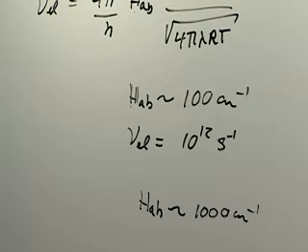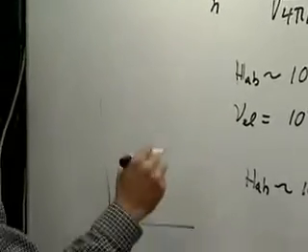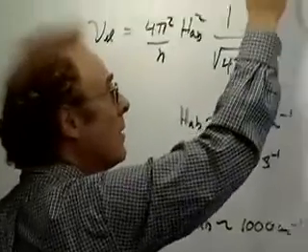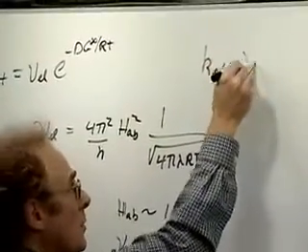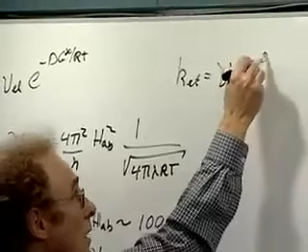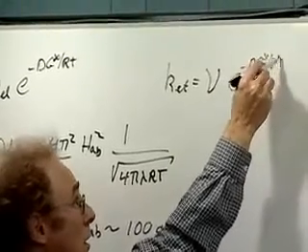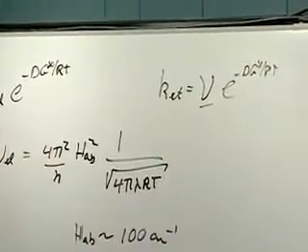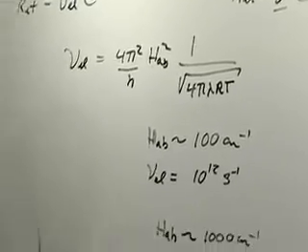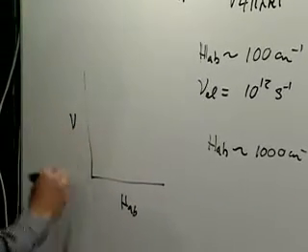So you don't get extra. You can never go faster than being able to cross the curve. It may be willing to jump back and forth a million times, but then you go over to the nuclear frequency. So if we plot the frequency, if we just say our rate constant is equal to some prefactor times e to the minus delta G star over RT, and we plot it versus HAB, this will be that frequency.